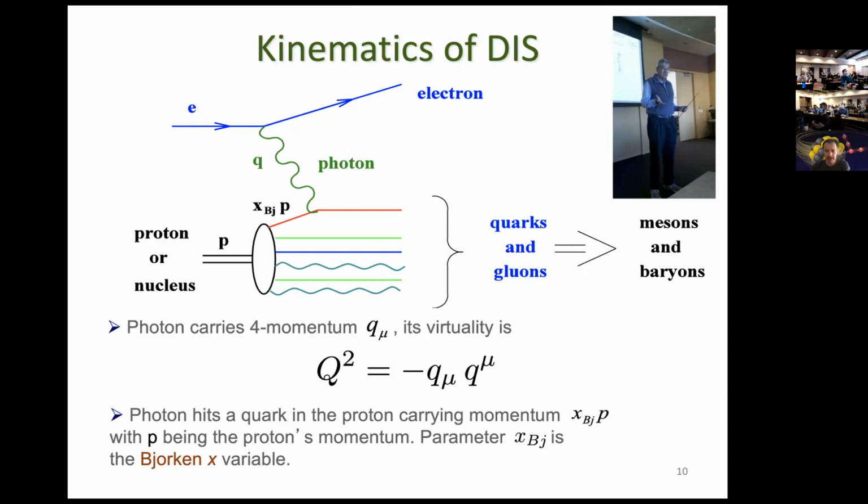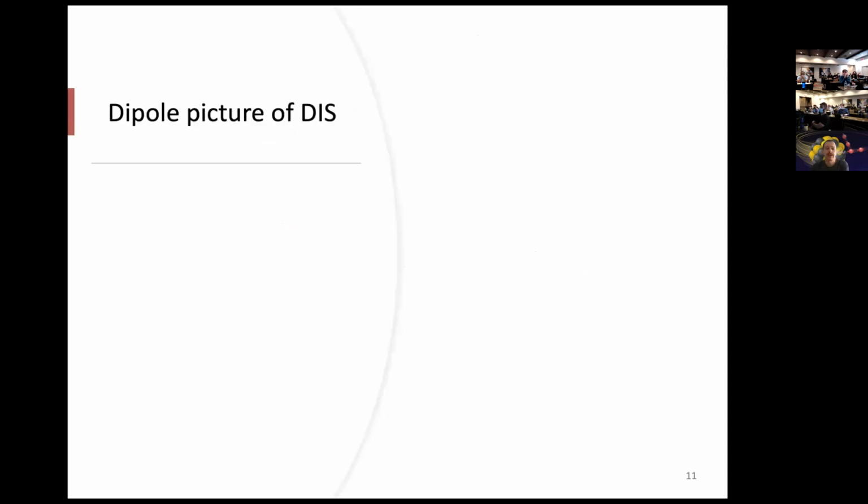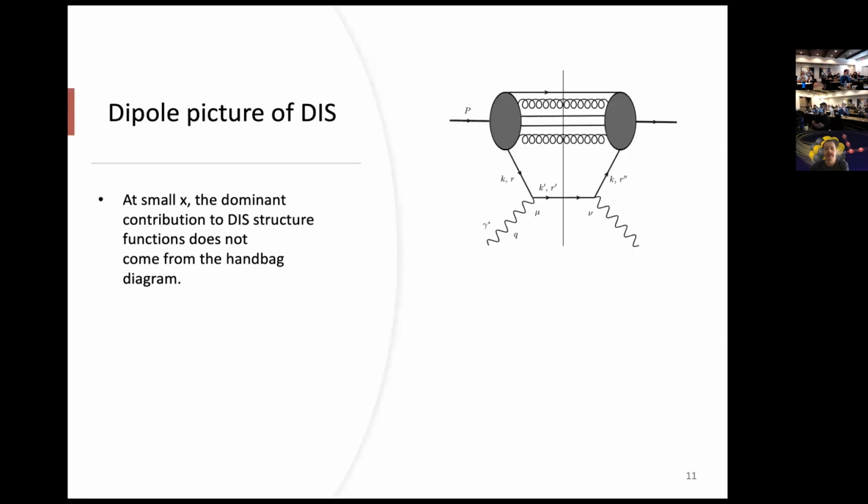Now, suppose I want to do this calculation at small x. How do I go about it? Well, first of all, the standard thing is to square this diagram, right? To calculate structure functions, to calculate the DIS cross-section, we square the proton-photon scattering amplitude, and we have the complex conjugate on the right-hand side.